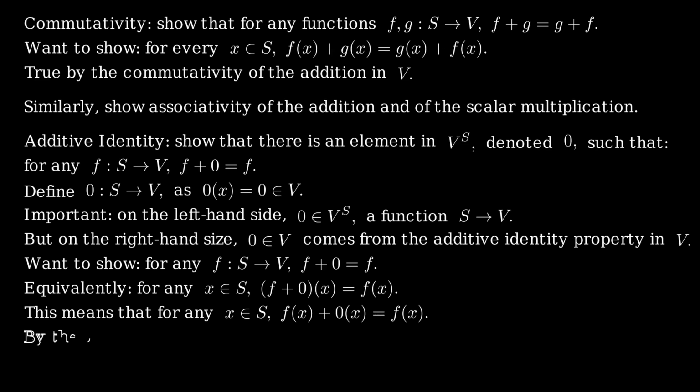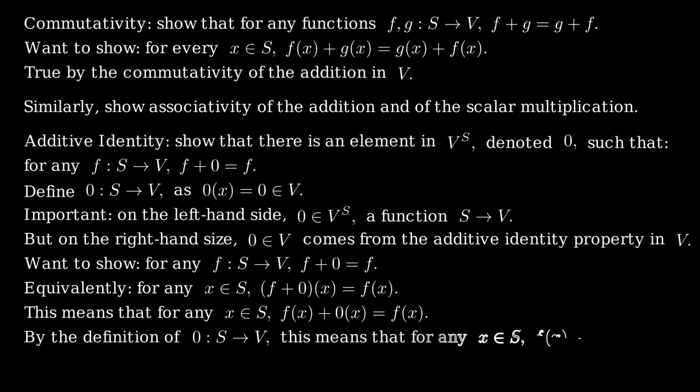And by the definition of zero function, this means that for any x, f at x plus 0 is equal to f at x. But this is true by the additive identity property in the vector space V.